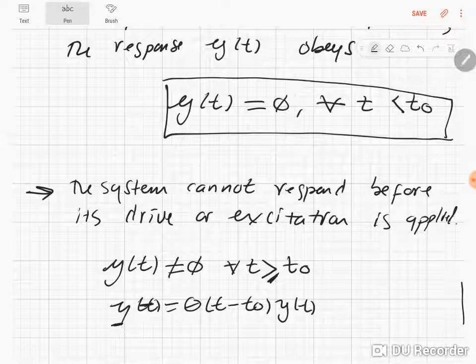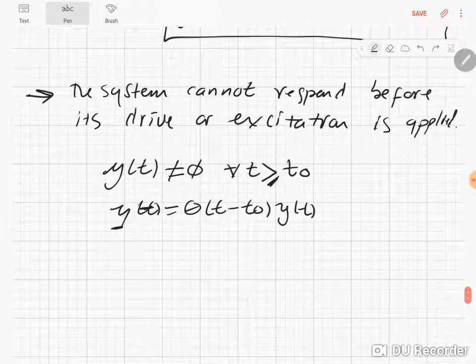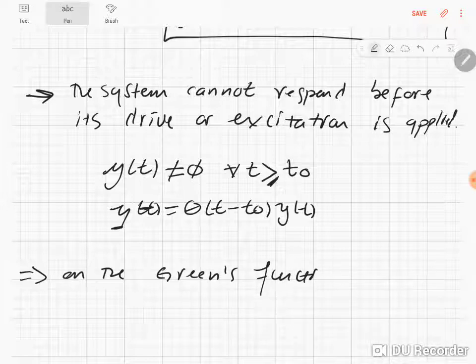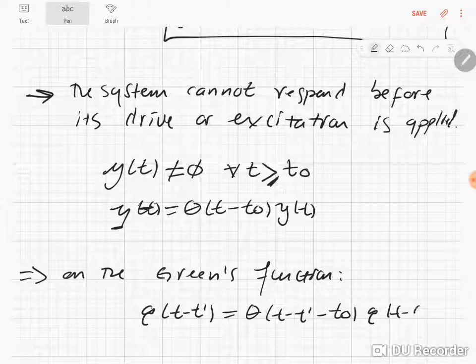And this implies as well on the Green's function that g of t minus t prime is equal to theta of t minus t prime minus t0 times g of t minus t prime.